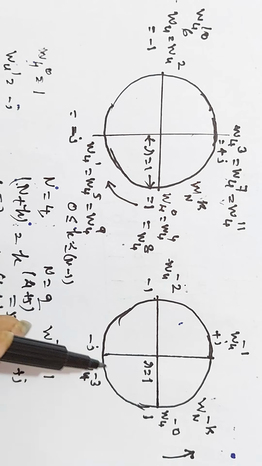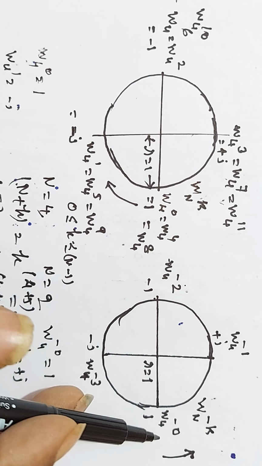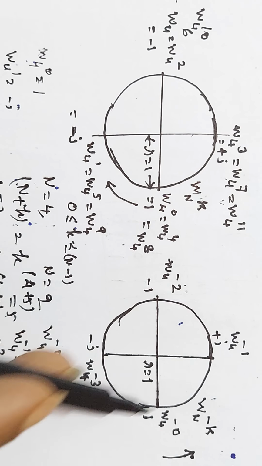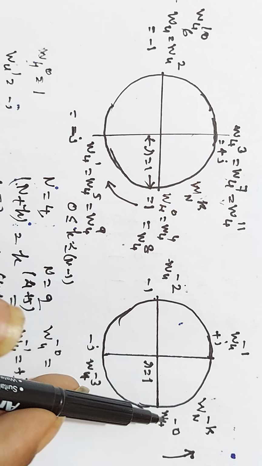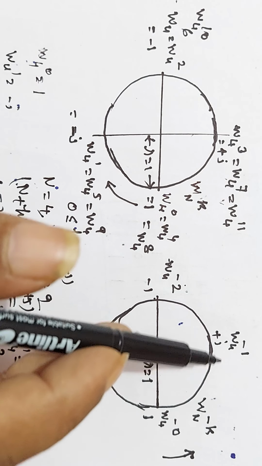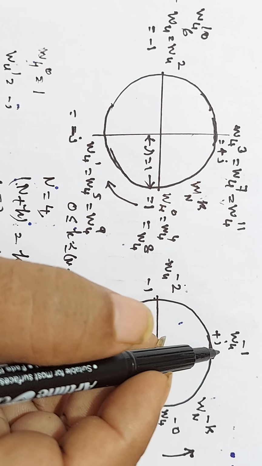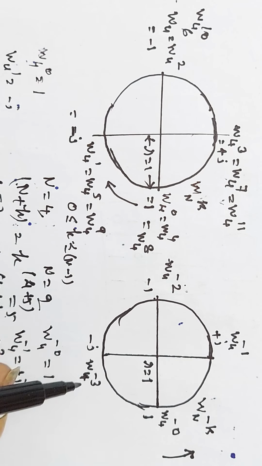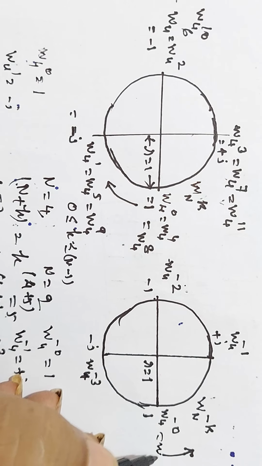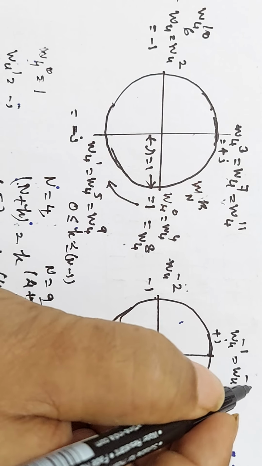W40, first sample, second sample, third sample, fourth sample, again fifth sample, sixth sample. In this way, 0 sample, first sample, second sample, third sample, fourth sample, fifth sample, sixth sample, seventh sample, eighth sample. Therefore, W40, W41, W4 minus 2, W4 minus 3, which is equal to W4 minus 4, which is equal to W4 minus 5.